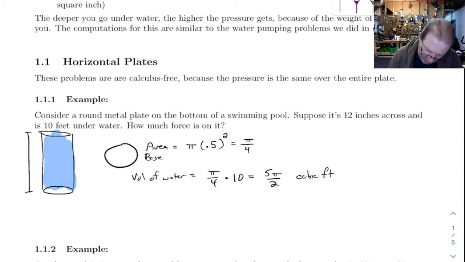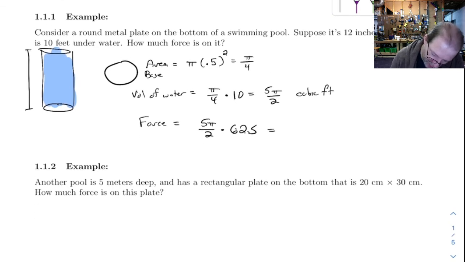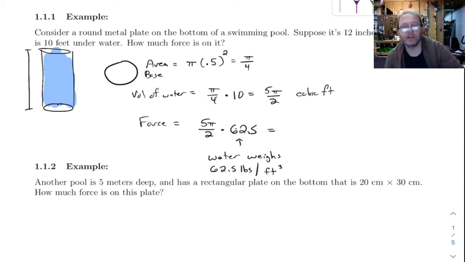And so the force that we're dealing with here is going to be 5 pi over 2 cubic feet times the density of water. So this is done in feet, so it's going to be 62.5. And again, that comes from water weighing 62.5 pounds per cubic foot. So I just need to multiply this out. 62.5 times 5 over 2.